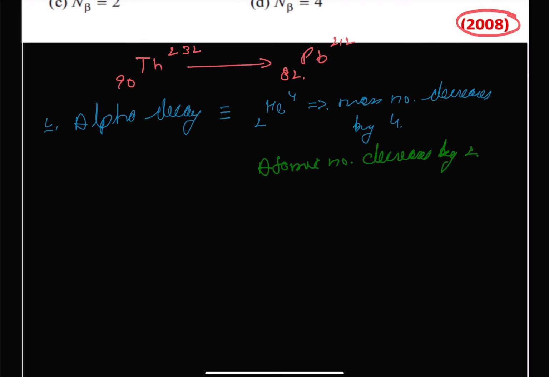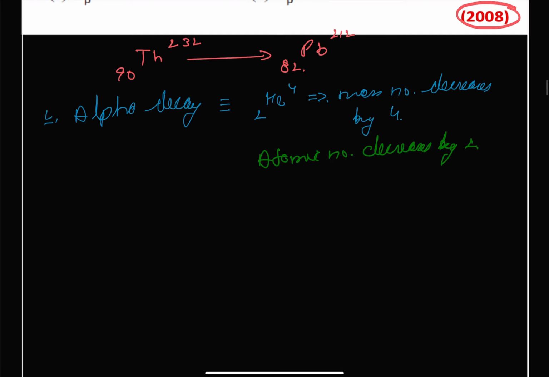So from here we can say that the change in mass number is 232 minus 212, so this change in mass number is 20, and we know that the mass number decreases by 4.